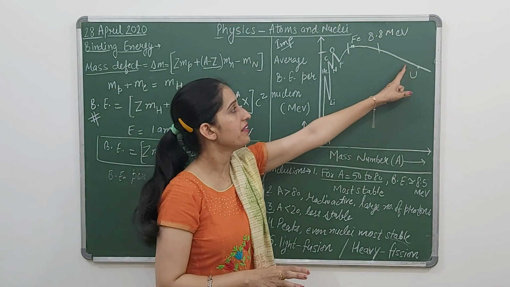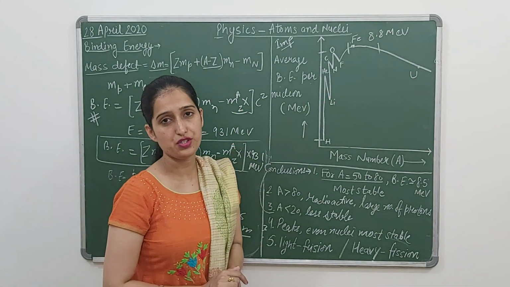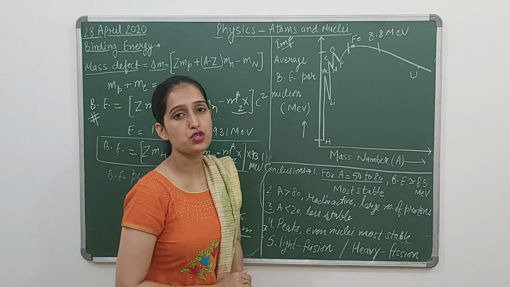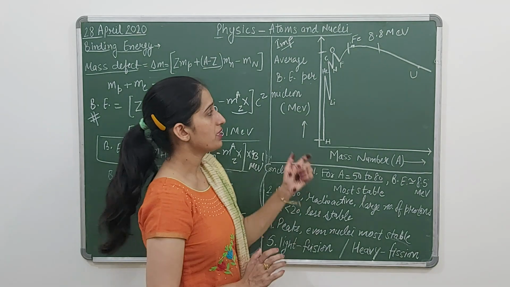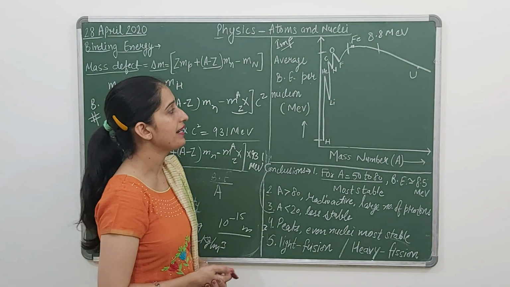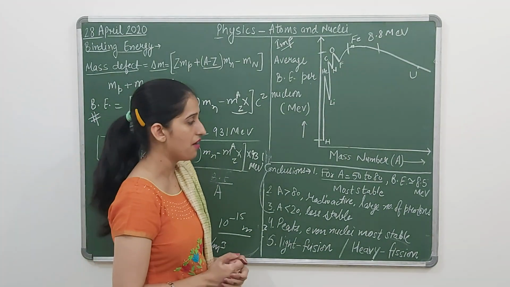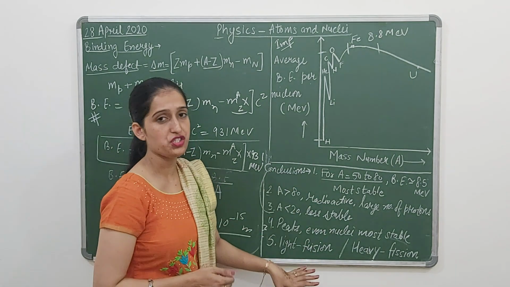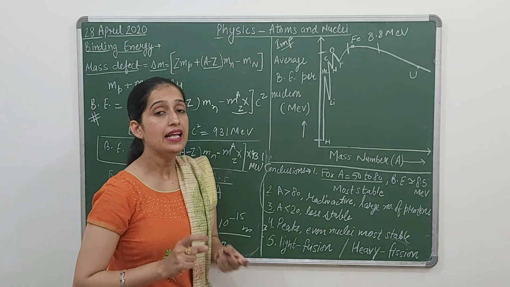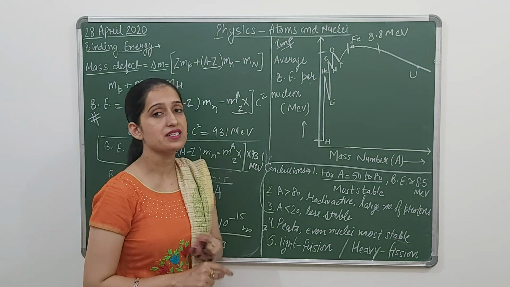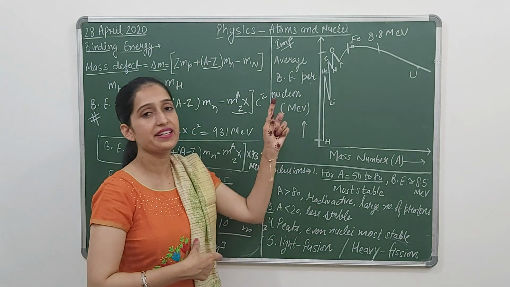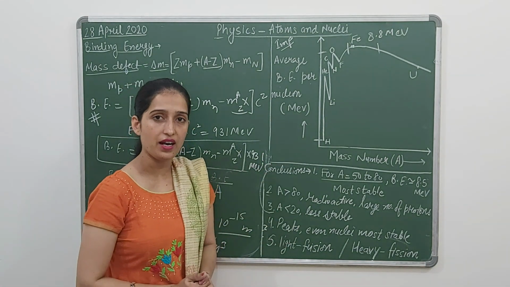Radioactivity is there and they will move again to this range, having the mass number 50 to 80. So this was about the average binding energy per nucleon versus mass number graph, which is giving us so much information: lighter and heavier elements are not stable. To get stable, nuclear fission and nuclear fusion reactions are there.